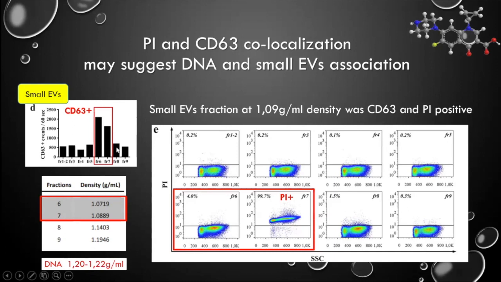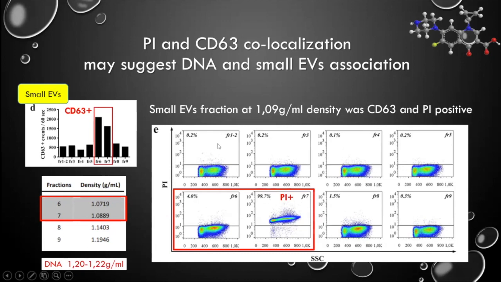They analyzed all the fractions for the presence of CD63. The fractions 6 and 7 were CD63 positive. I'm also showing here the data on the PI staining, where fraction 7, at 1.09 gram per ml density, was highly PI positive, while fraction 6 was not.